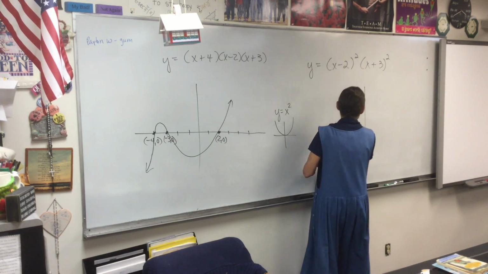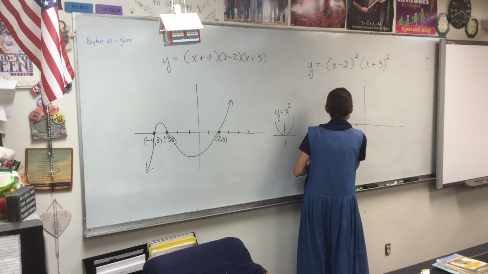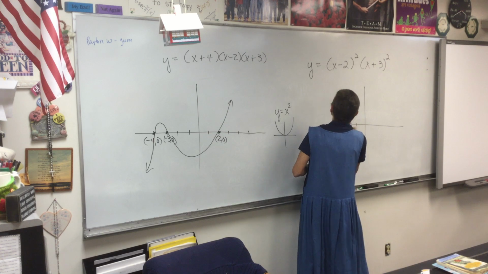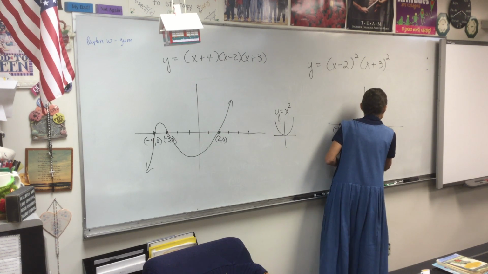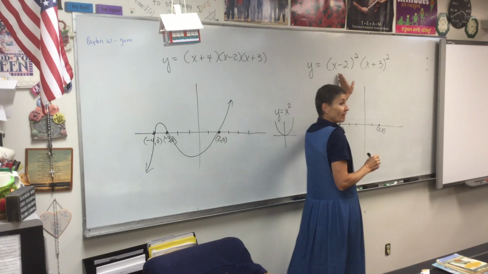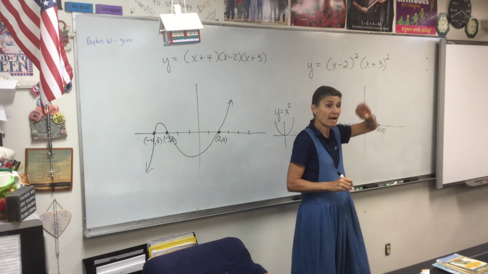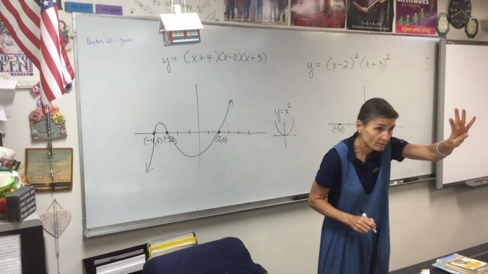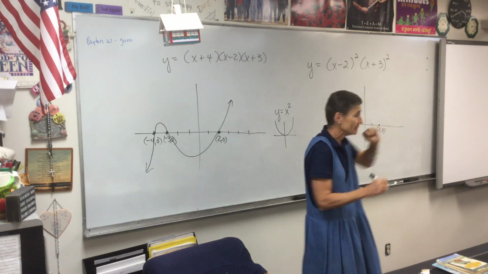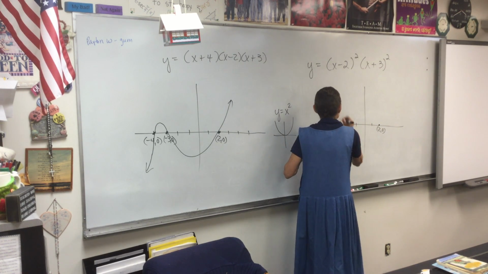So, my dots are at -3 and 2. But because if I FOIL this out, it's x to the 4th, that's even, it's going to start up here.